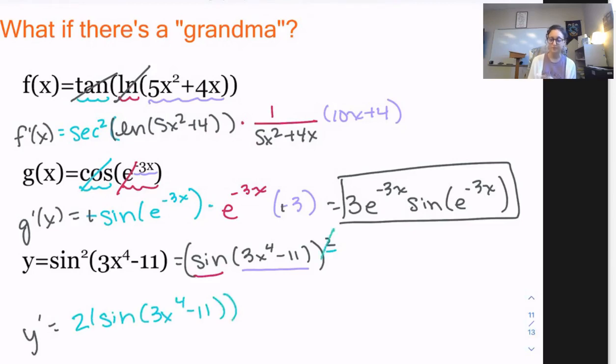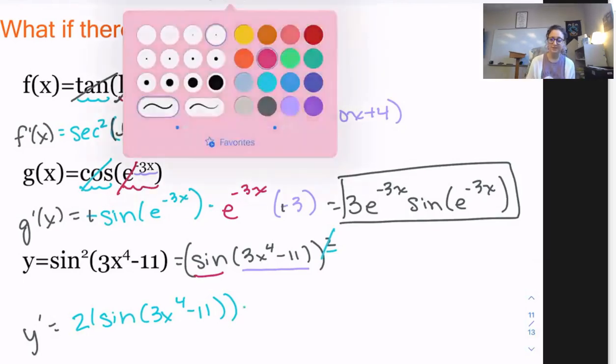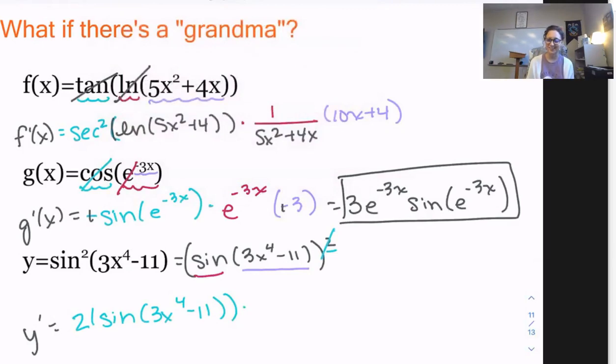Okay, and I really do, when you've got more than one, I recommend just kind of marking them off as you go so you can tell where you are next. All right, then times, my next function as I work my way in is sine, whose derivative is cosine. Hold everything else. Times, and then my last function is 3x to the 4th minus 11, whose derivative is just 12x cubed.